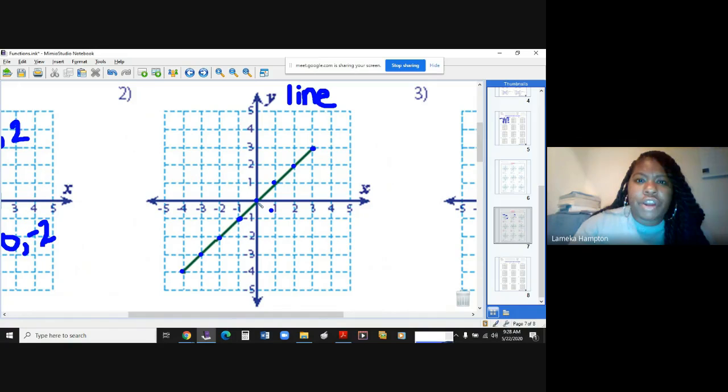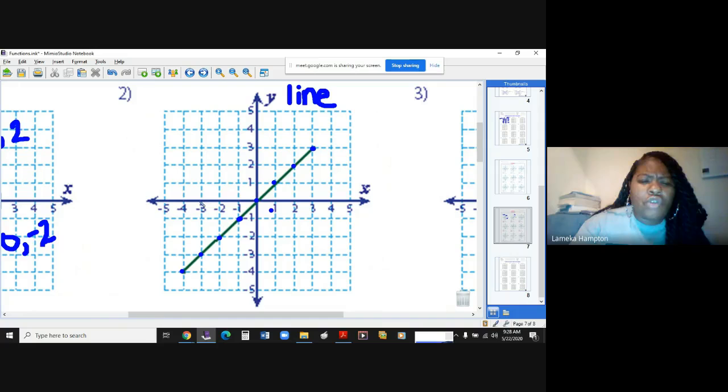Remember, you're going to start at your origin, which is 0, 0. You're going to go over to your right 1 and go up 1. So these are all my positive numbers. To my left and going down are my negative numbers. So if I go to the left and I go down, that gives me -1, -1. If I go over -2 and go down 2, that gives me -2, -2.